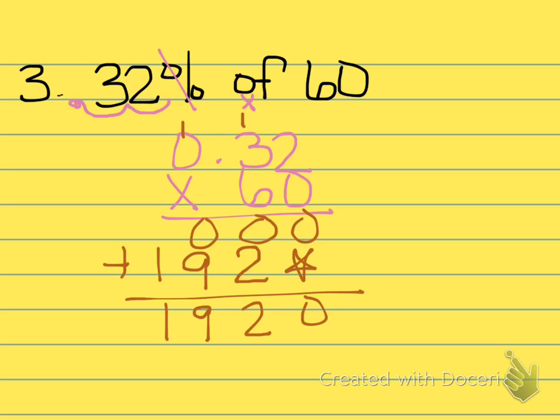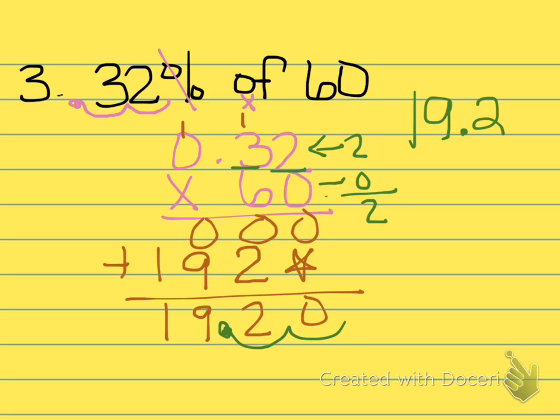Now we count the number of decimal place values. There's 2 in 32 and none in 60, so 2 altogether. So I'm going to move my decimal to the left 2 times, and we get the answer 19.2 or 19.20, which are both the same.